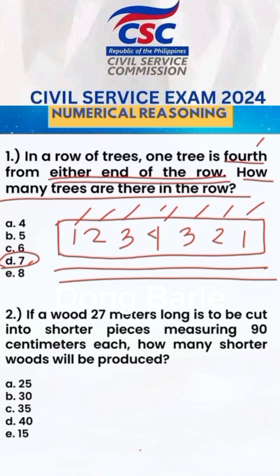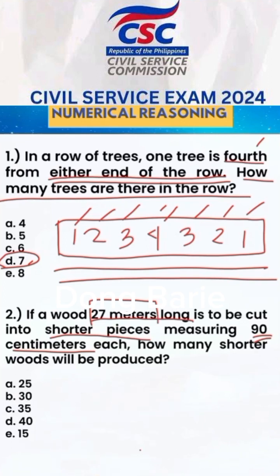Okay, number 2 naman tayo. If a wood 27 meters long is to be cut into shorter pieces measuring 90 centimeters each, how many shorter woods will be produced? So, kung i-analyze natin, ilang 90 centimeters daw itong 27 meters?